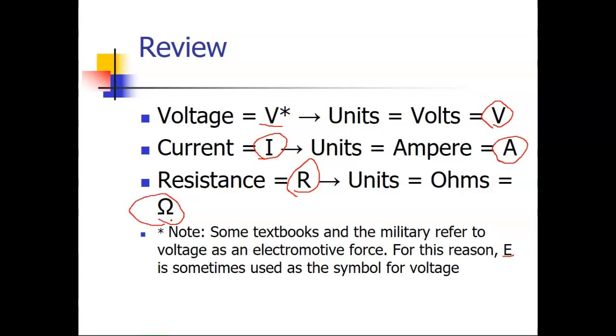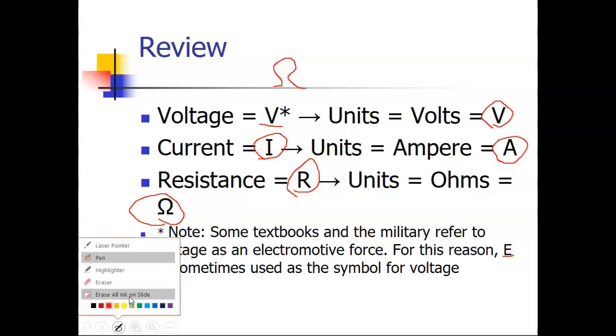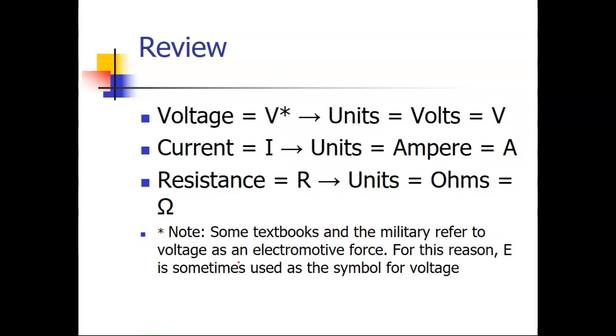Now guys, as I said before, don't worry if you can't get the ohm symbol right. Most people cannot. I can't even do it right. It's one of those really hard ones to work with.